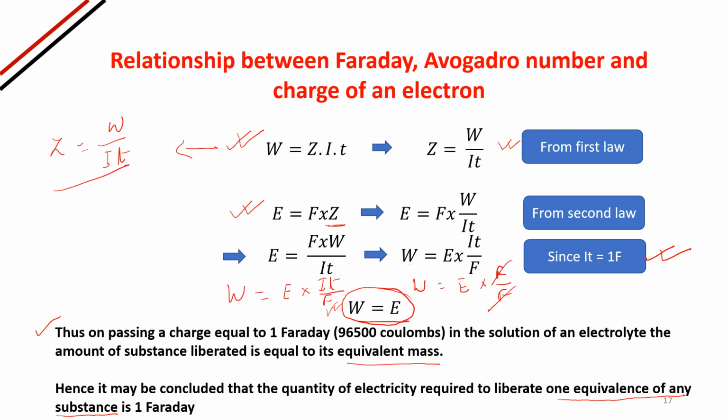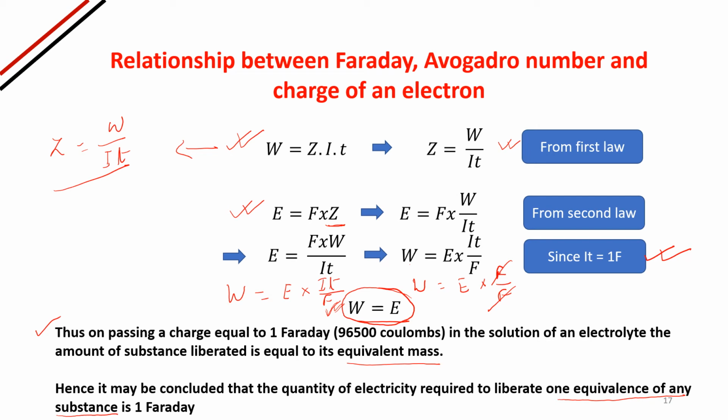So when the amount of the substance is equal to one equivalent, then 1 Faraday of electricity is required. It may be concluded in that way that the quantity of electricity required to liberate one equivalent of any substance is 1 Faraday.